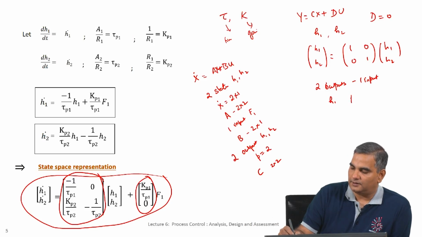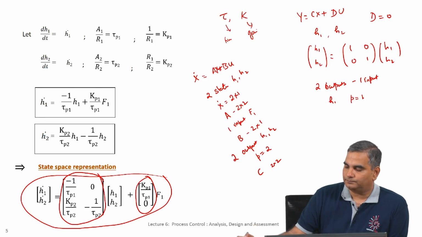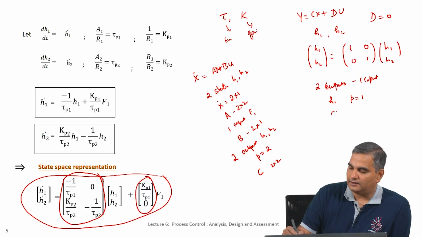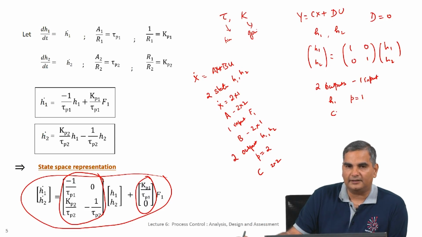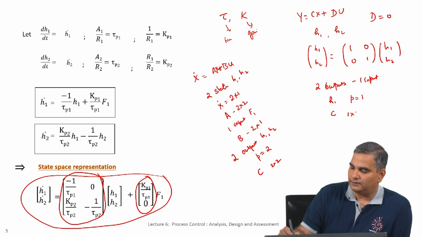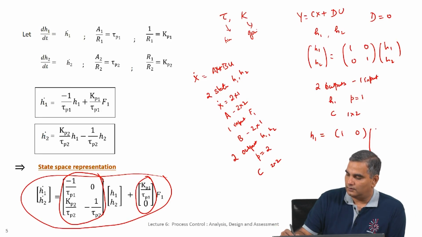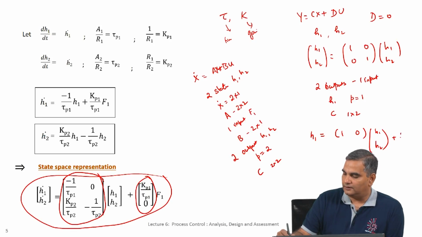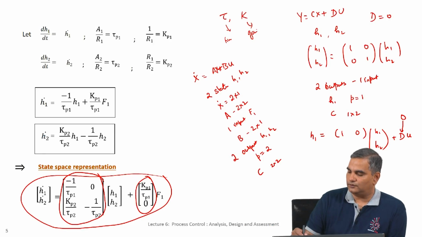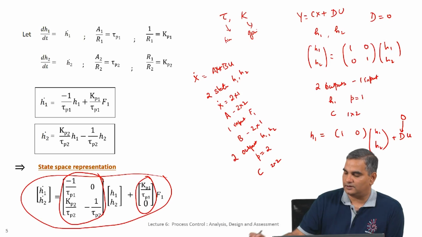In this case p equals 1, so the C matrix will have to be of size 1 by 2. You will write H1 equals 1 0 times H1 H2, Cx, again plus Du, and since there is no direct effect of u here, D is 0. Notice that C is 1 by 2.